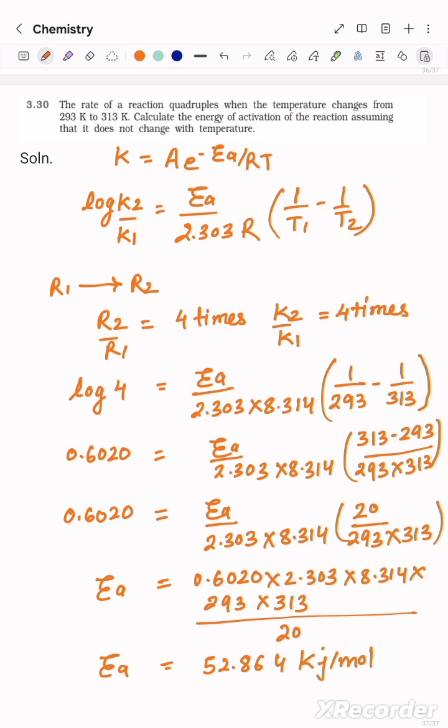So that will be the answer for the energy of activation when the temperature changes from 293 to 313 Kelvin. So this is how you will calculate this, and that's also the end of the chemical kinetics questions.